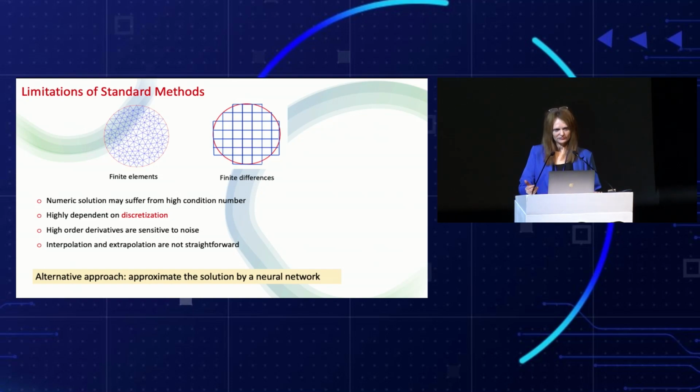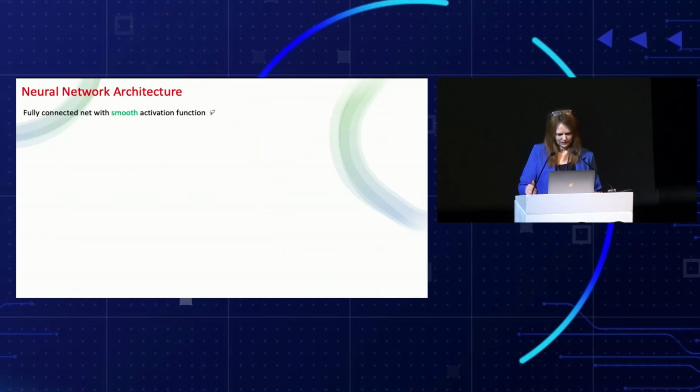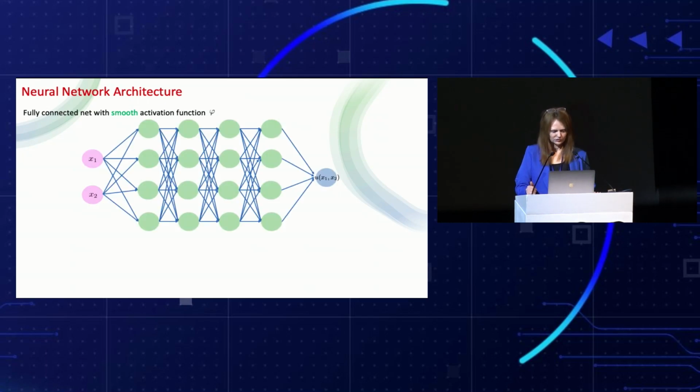So how can we solve this problem by neural network? Let's start with the architecture. It is very, very simple. It is based on a fully connected network with a smooth activation function. It is very important that it is smooth. For example, ReLU is not appropriate for this purpose.